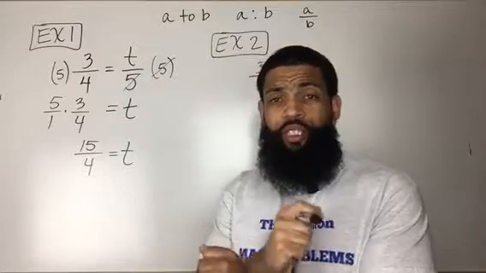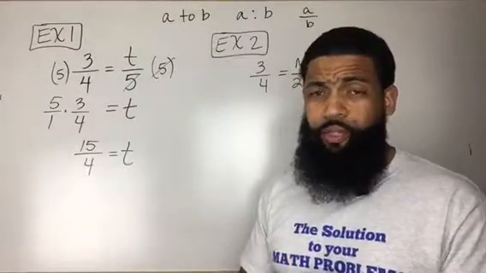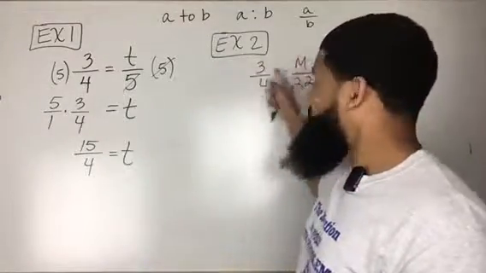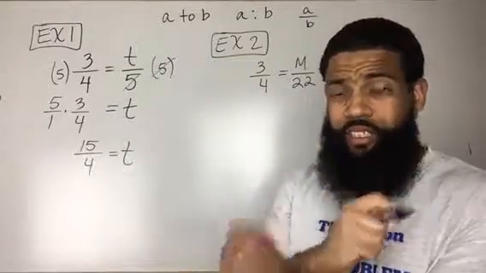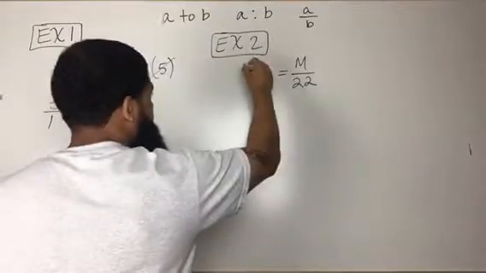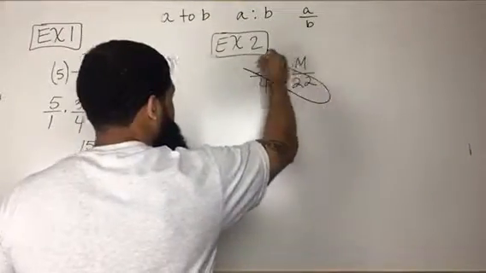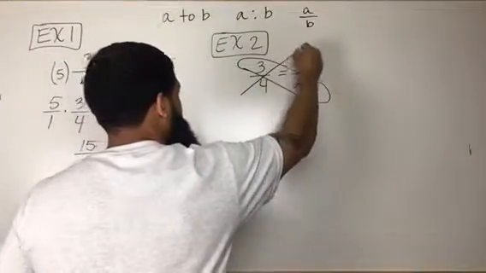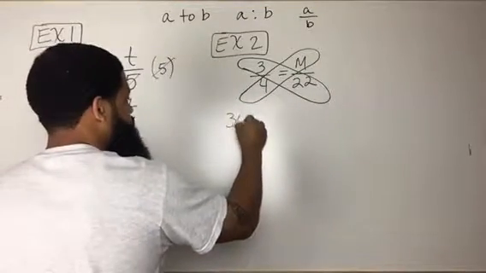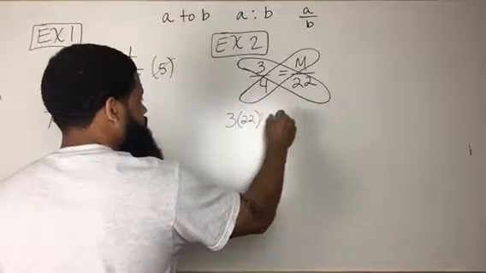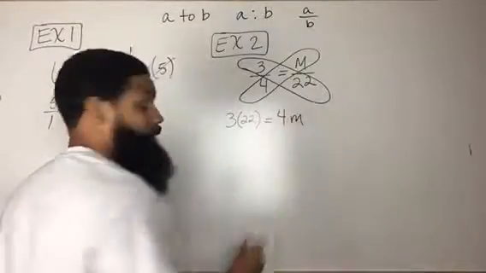This is a different version. And a cross product, please be mindful, it's not multiplying top to top, bottom to bottom. Cross products is multiplying diagonally. So I'm going to take this numerator times that denominator, and this denominator times that numerator. So in actuality, what I have is 3 times 22 is equal to 4 times M.